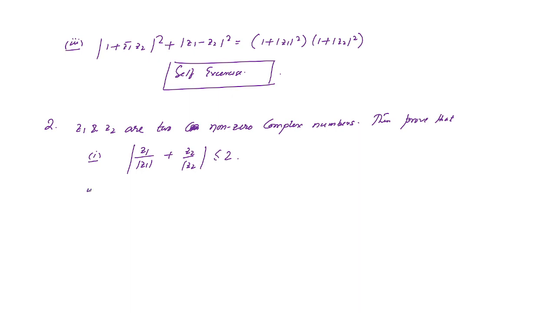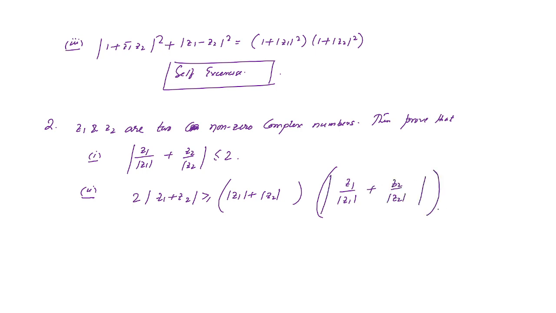And using this, you will prove the second part of this question: |z1 + z2| is greater than or equal to (|z1| + |z2|)/2 times |z1/|z1| + z2/|z2||, and you need to prove it.